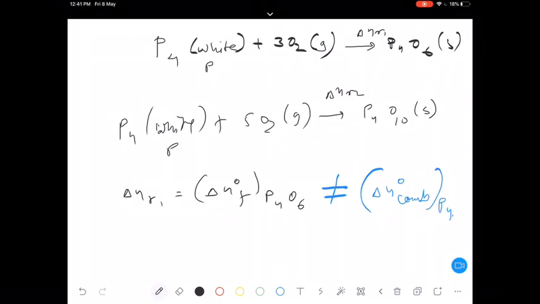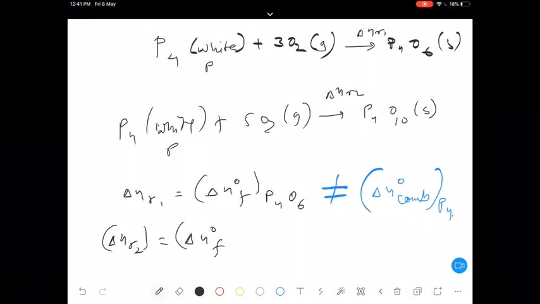Is that clear to everyone? At the same time, if I write delta HR2, that I can write as again the standard heat of formation of P4O10. Now sufficient amount of oxygen, excess of oxygen we have taken, so white phosphorus will undergo complete combustion.